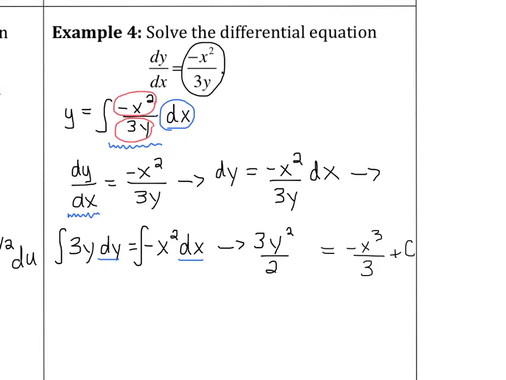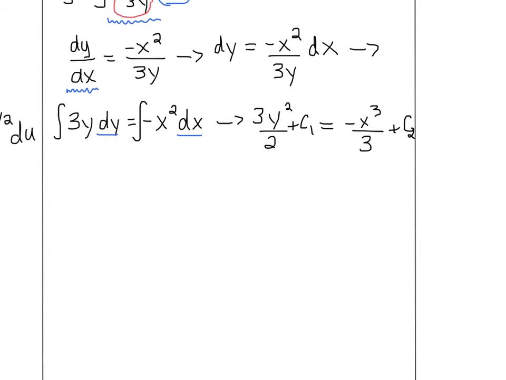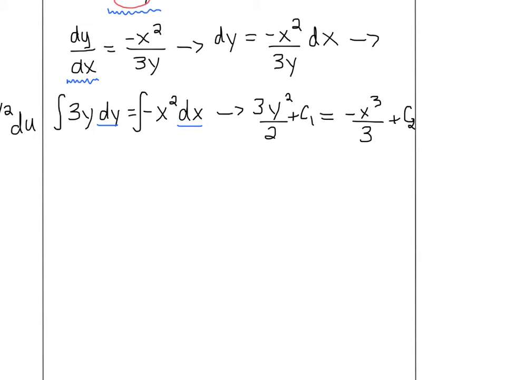So maybe I'll say plus c1 on this side and c2 on this side, but don't fret because there's an easy way to handle this. At the end of the day, it really shouldn't matter whether I say plus c1 on the left and plus c2 on the right, or just plus something on one side of the equation. Let me show you what I mean.